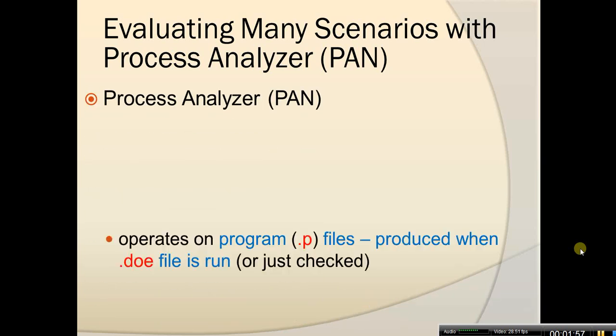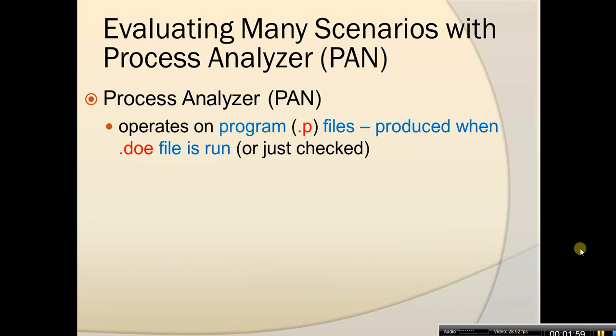And to start the process analyzer, we will need to use the program files. These program files have extension .p, and they're produced when we run our model file, which has an extension .doe in ARENA.